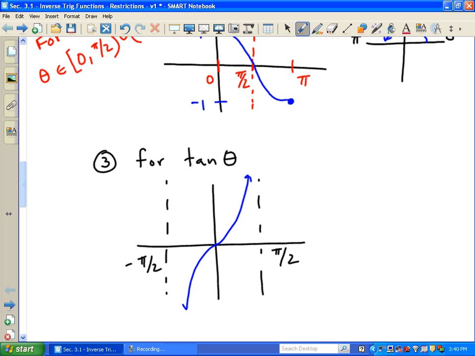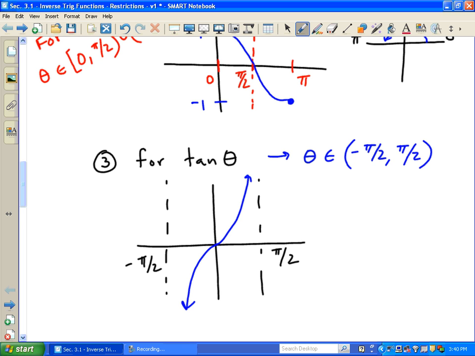And you see that for one period of tangent, we do not go through multiple values of y. So if we use the actual one period location that's normal for tangent, we don't have any trouble with the inverse. So the restriction here on theta is theta can be anything between negative pi over 2 to pi over 2.